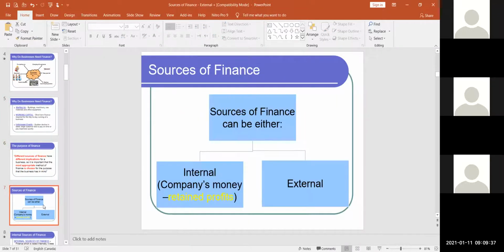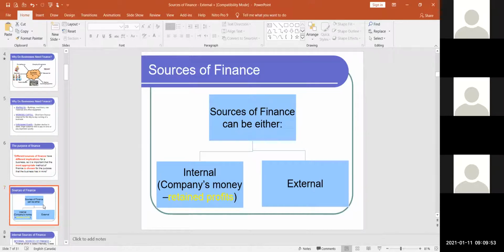So we have to have an extra amount of money instead of going and borrowing money from the bank and paying interest. No, we're going to use our own money, right? Which is the retained profit.